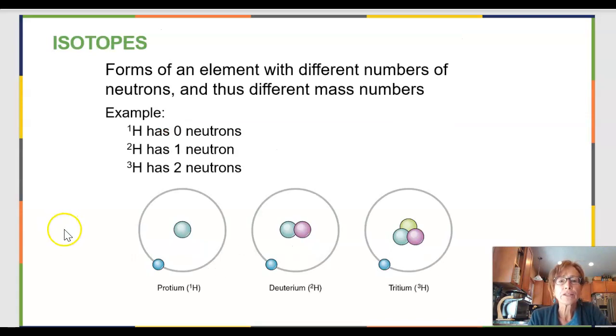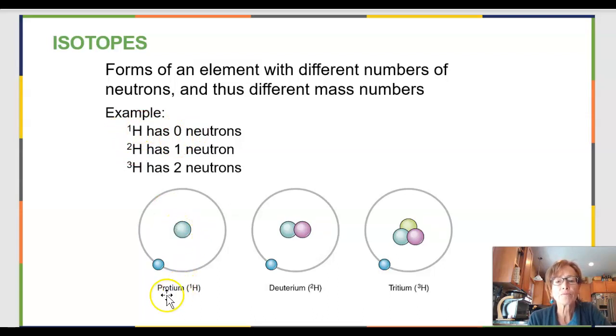We mentioned that an isotope is a form of some element that has a different mass because it has additional neutrons in it. The very lightest element of all, as you probably remember, is hydrogen. Normally many hydrogens have nothing in them but a proton.